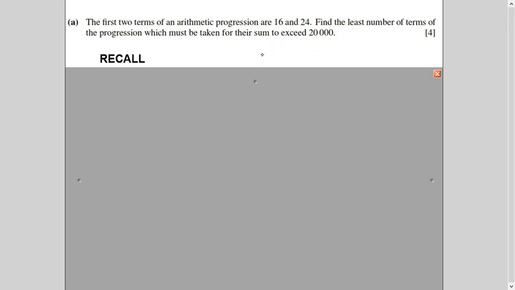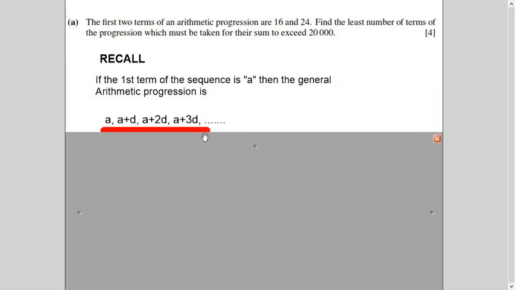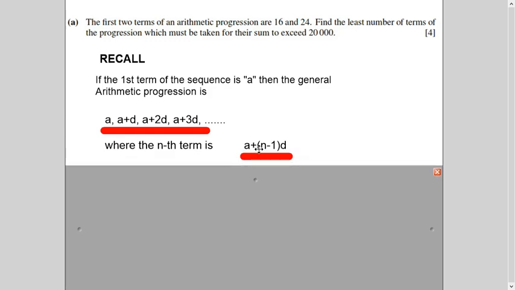So before we begin the question, let's recall a few formulae here. A plus d, a plus 2d, a plus 3d, this is a general arithmetic progression, right? So this is the first term, second term, third term, fourth term, and so on. For any particular term, it is a plus (n minus 1)d.